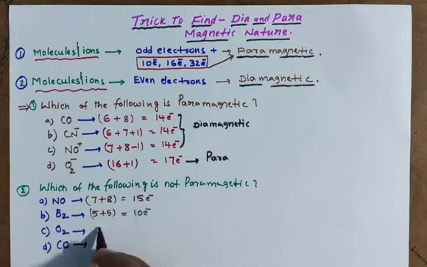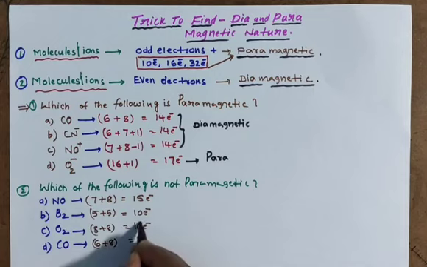Oxygen 8 plus 8, 16 electrons. And carbon monoxide 6 plus 8, nothing but 14 electrons. So let me cross check. Even number, diamagnetic. Odd number, paramagnetic.